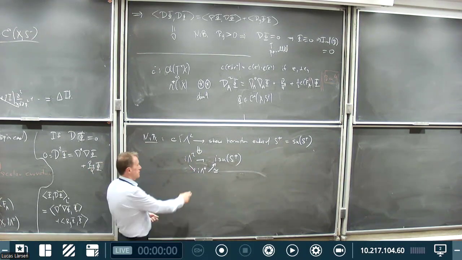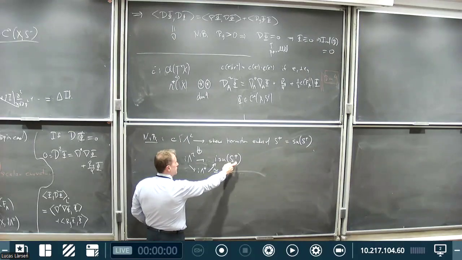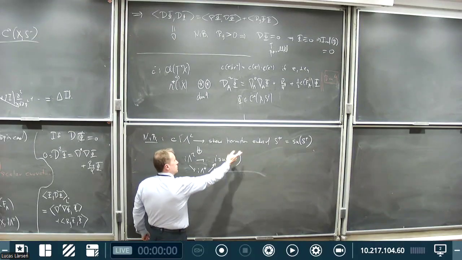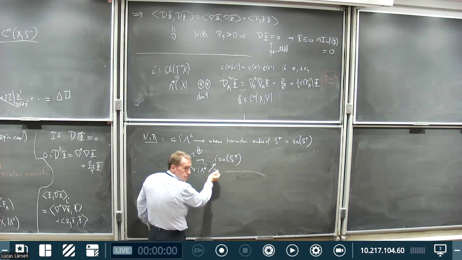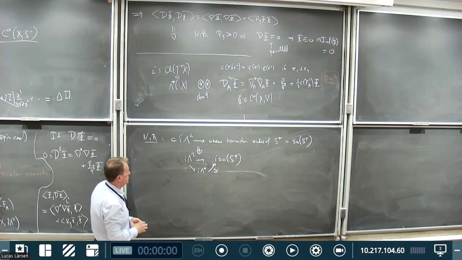Lambda plus is three-dimensional. S plus is a two-dimensional vector space, so the traceless Hermitian endomorphisms are a three-dimensional vector space, and this map is an isomorphism between those two three-dimensional vector spaces.